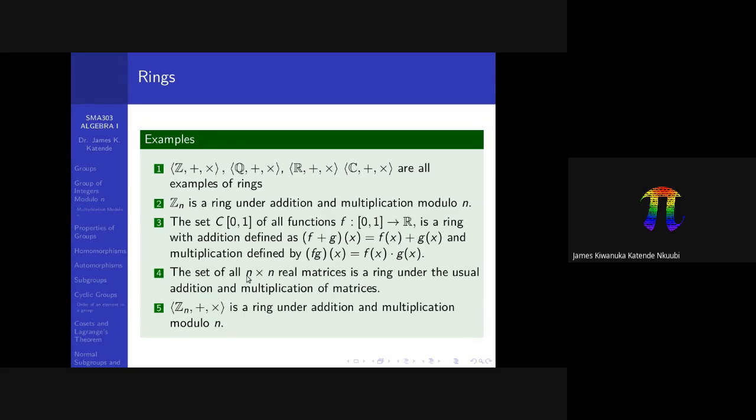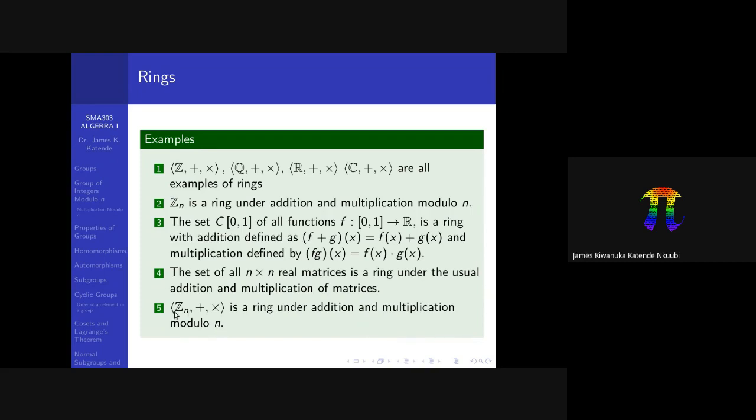The only way they will form a group is if you consider only the invertible ones. That is a general linear group. But if you are thinking about all the matrices, they will not form a group under multiplication because some matrices will not be invertible. So this number 4 here is an example of a ring that is not a division ring. This ring of matrices is not a division ring.